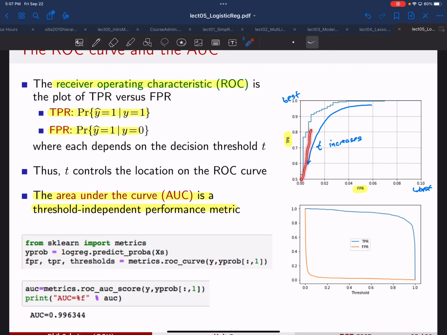So it gives you basically what you need to plot this. And if you want to compute the area under the curve, you have metrics.roc_auc_score. Same inputs, and it gives you the actual area under the curve. In this case, it's pretty close to 1, 0.996. Not perfect, but pretty good.